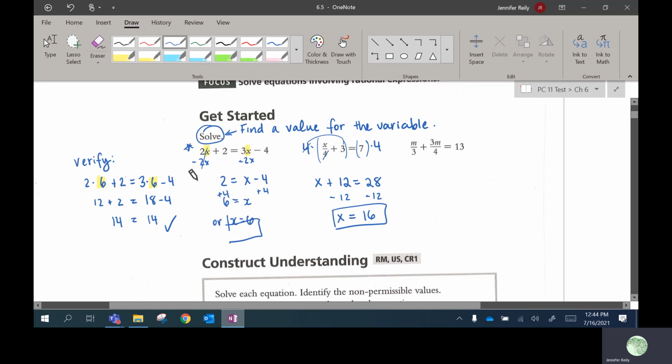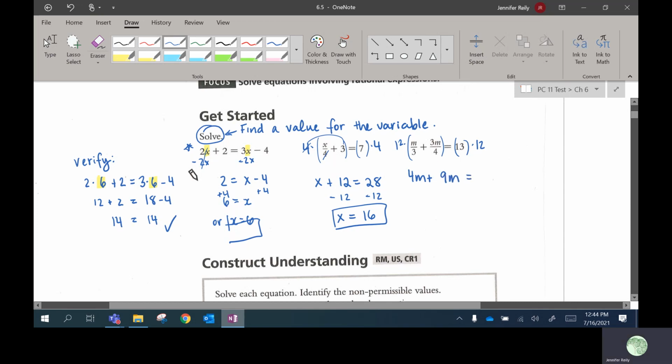Okay, and let's try the last one. Again, here you want to multiply by something that's going to get rid of the 3 and the 4. So I would multiply by 12. So 12 times n divided by 3 would be 4m. 12 times 3m divided by 4, that would be 6m, or sorry, 9m.